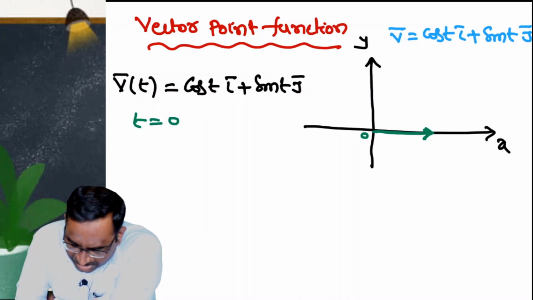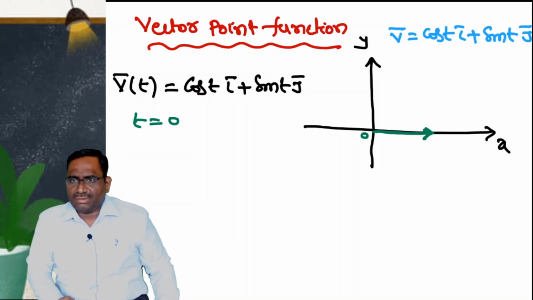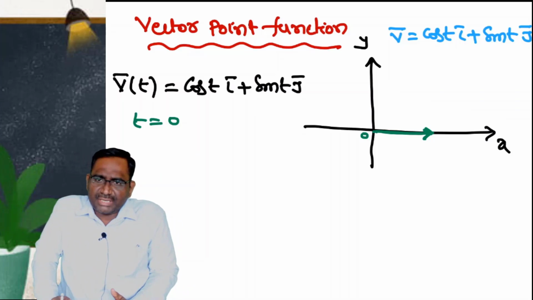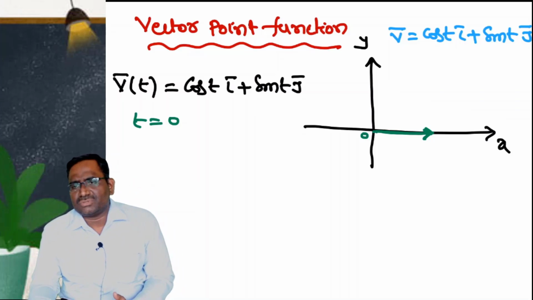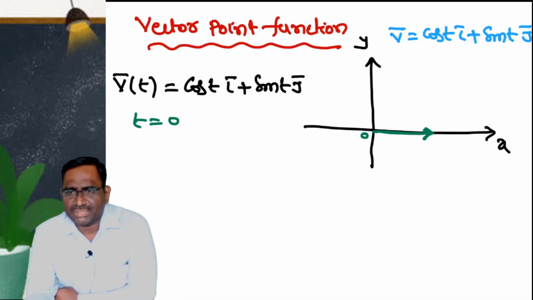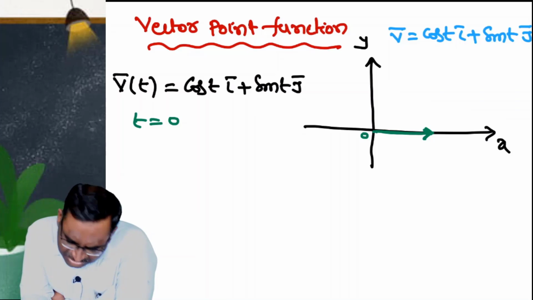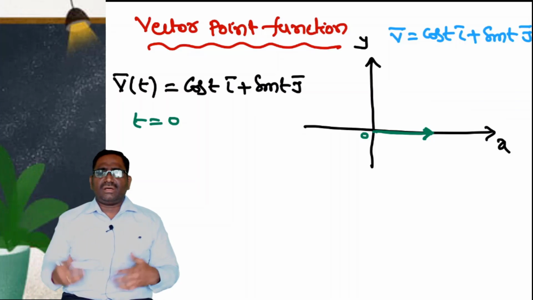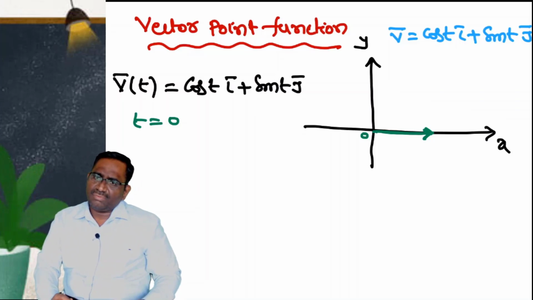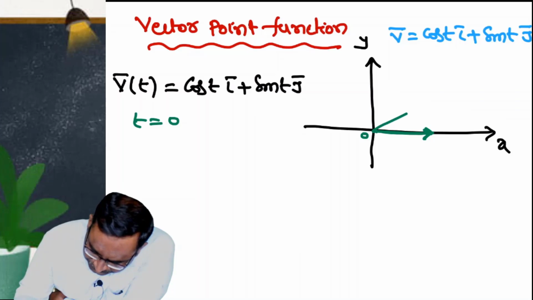Suppose time t is taken in radians, suppose cos 30 or cos 60 converted into radians. When t is equal to 60, cos 60 is 1 by 2, sin 60 is root 3 by 2. Then what is this point? At this point, when t is some 30 degrees or some 60 degrees, it is in this way.